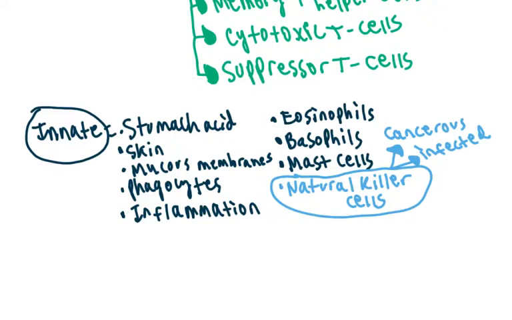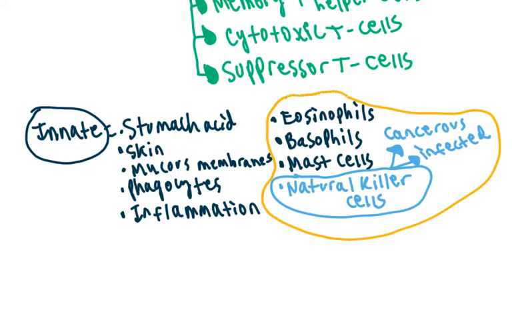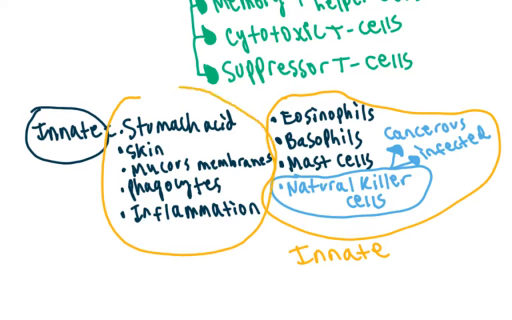So sorry about that if I don't recall talking about it in that video. So let's highlight this as also being part of the innate system. At least we now know the basic factors that play a role in our innate/non-specific immune system.